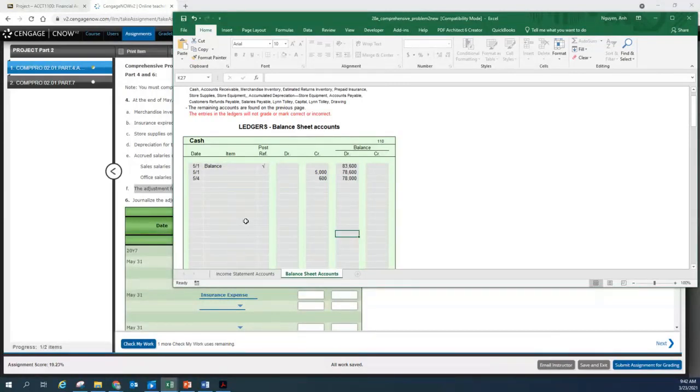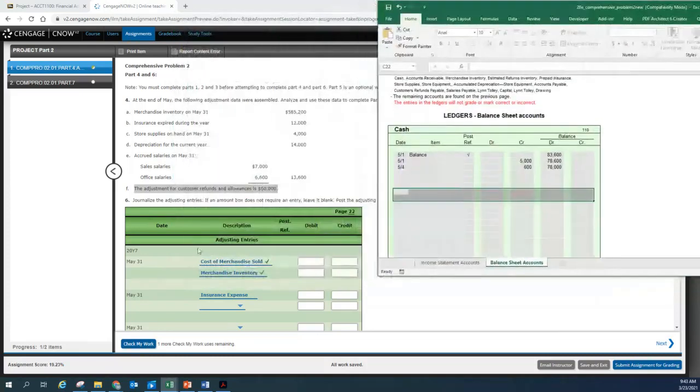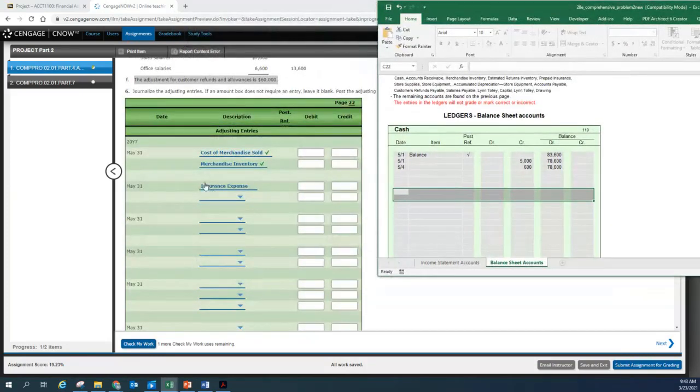If you did part 1 wrong, you mess up the balances, but then you have the solution, so go back and make the correction. That way you could continue on with the ledger and post these transactions into the ledger so that you would have the correct ending balance to use in part 2.